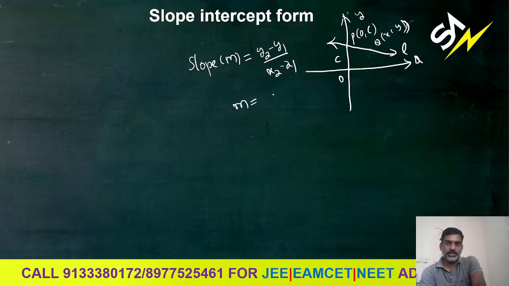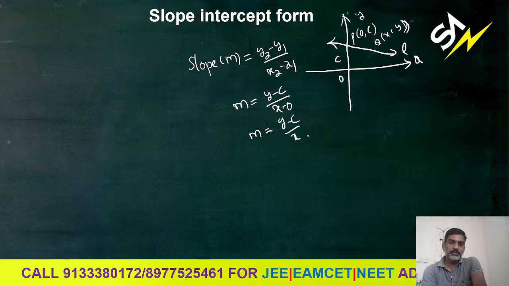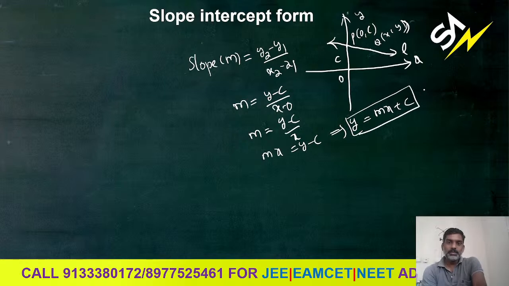So slope m is equal to y minus c divided by x minus 0. So m is equal to y minus c divided by x. Then mx is equal to y minus c. That implies y is equal to mx plus c. So here y is equal to mx plus c is called the slope intercept form of a straight line.